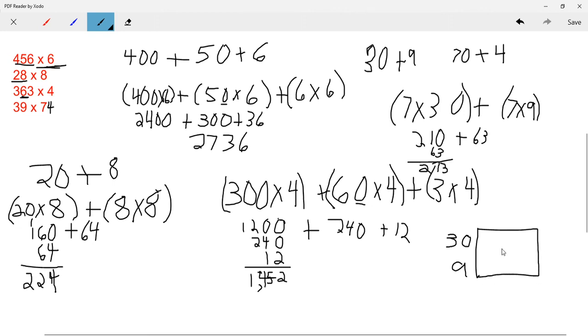because visually it's just easier, right? And you'd set it up like this. So in this one it would be 70 times 30, which I guess we could just do, is 2100, because we're adding the zeros. 9 times 70 is 630, because we're adding the 0. 9 times 4 would be in this one, so 9 times 4 is 36, and 30 times 4 is 12, plus a 0 would be 120.